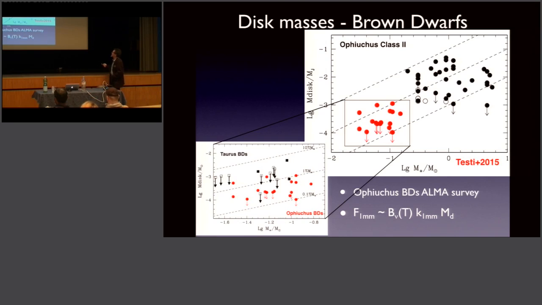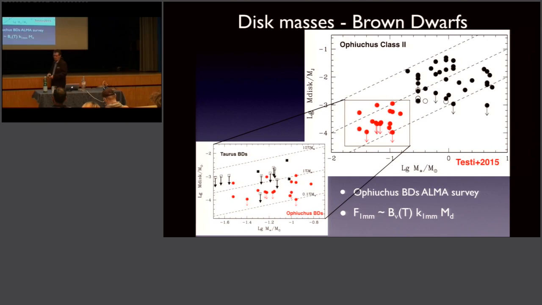Okay, in this particular case, I'm showing you first the comparison of the brown dwarfs, so this is just an enlargement of that one. The brown dwarfs in Ophiuchus versus the brown dwarfs in Taurus. The ones in Taurus are pre-ALMA measurements in this graph, essentially. And you see that most of the upper limits that were in this part, we push down the sensitivity considerably with ALMA.